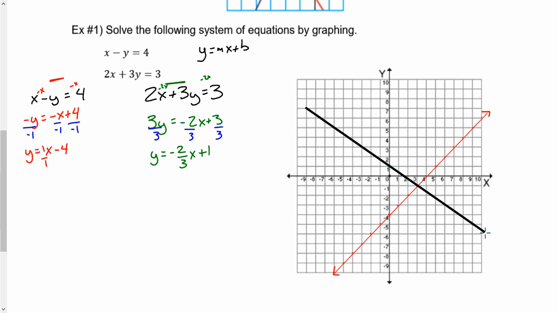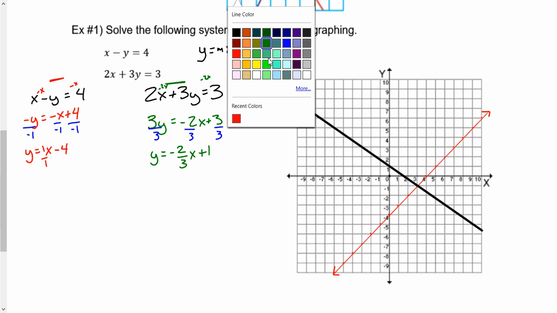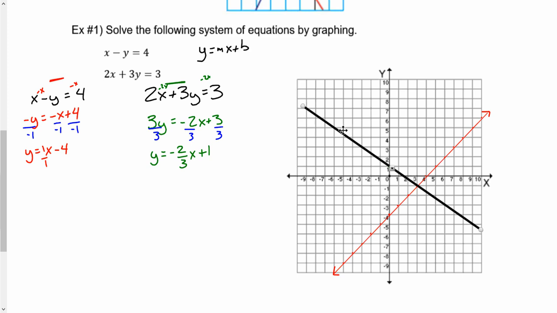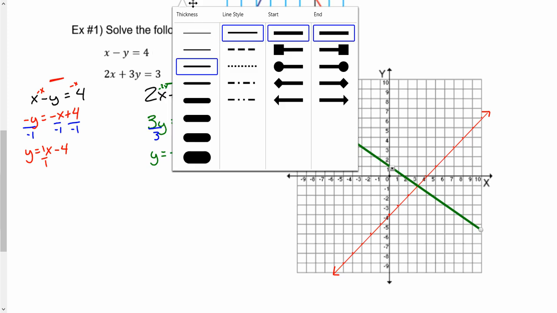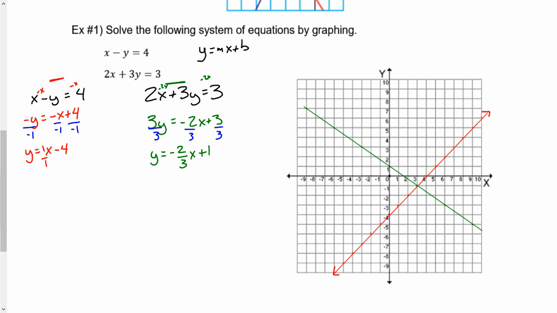When I'm graphing with pen and paper, I can do this quite accurately because I can be very careful. I'm just going to switch it over to a green line, make it a little bit thinner, and add my arrows.